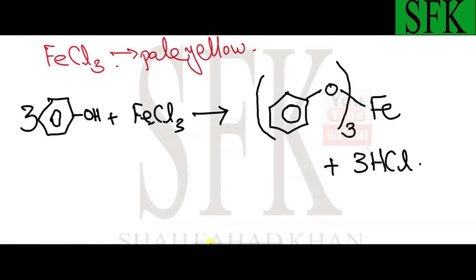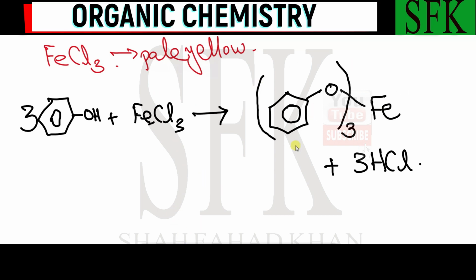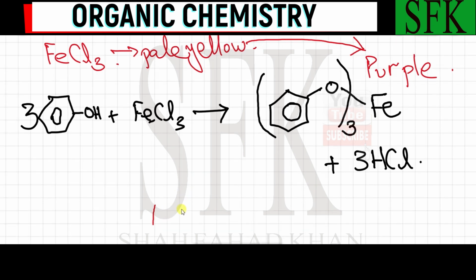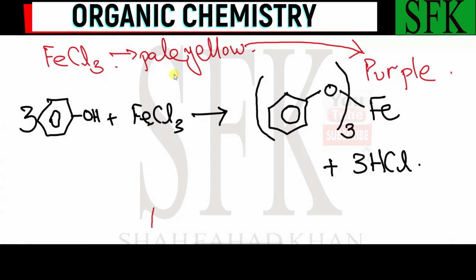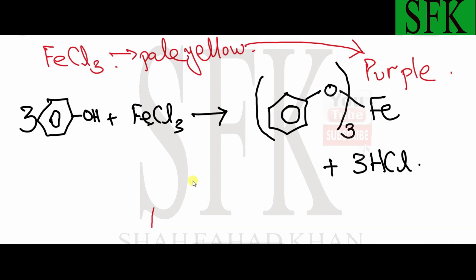So this is basically the equation, and in this case, the final color of the product is purple. So the test is yellow to purple for positive phenol. So the positive test is change of the color from yellow to purple.